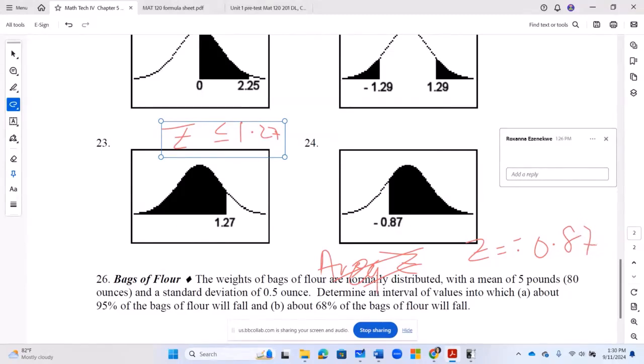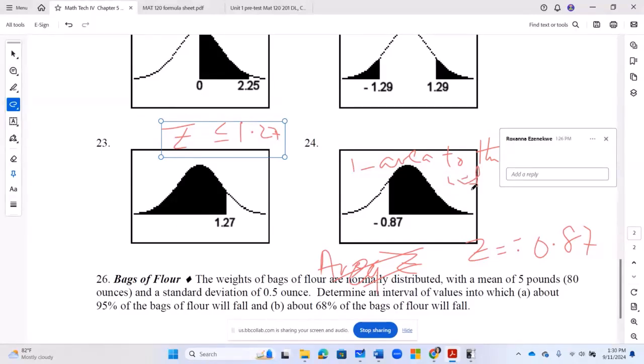So all you have to do is find area to the left, subtract from 1. So 1 minus area to the left. That's all. 1 minus area to the left.